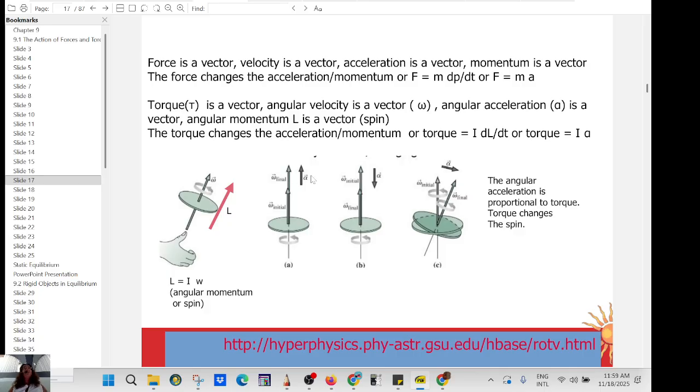There is an acceleration, that means it's spinning faster. What about if the acceleration is opposite? It's going to spin slower, right? Same thing for linear motion. But this is where it gets interesting. What's going to happen here? Is it spinning faster or slower?